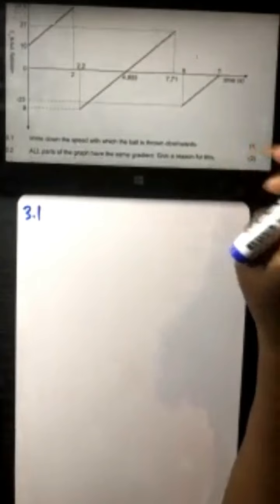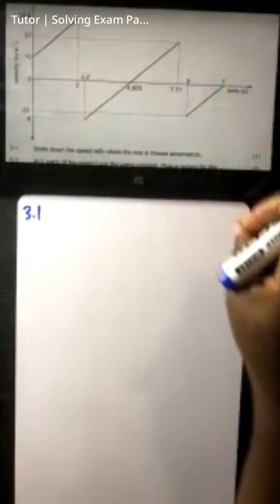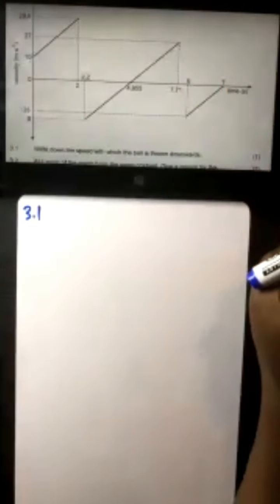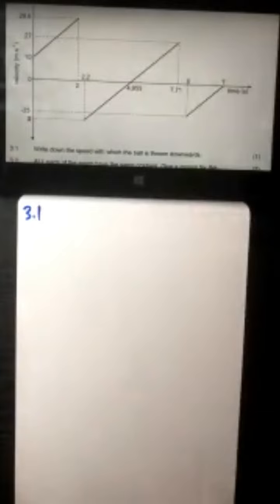And this question is allocated 1 mark, which is an indication that we do not need to perform any calculations. So guys, is there someone who wants to guess what the answer could be?